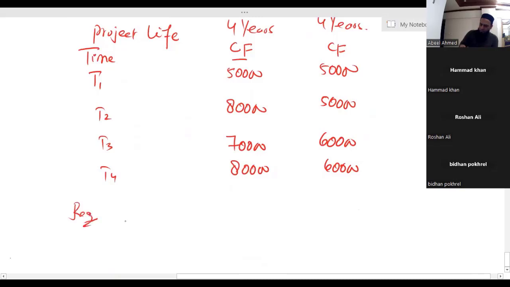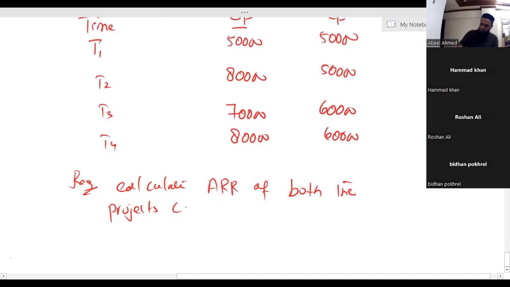Required: calculate ARR of both the projects. The company uses 25% written down value for depreciation purposes.